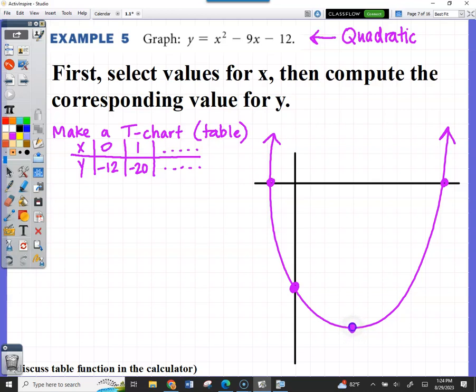The vertex. So let's label the critical values for a quadratic. They are the two x-intercepts, if it has two. Could have one, could have none. This has two.